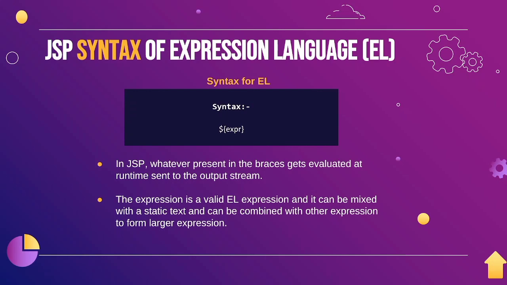In JSP, whatever is present in the braces gets evaluated at runtime and sent to the output stream. The expression is a valid EL expression, and it can be mixed with static text and combined with other expressions to form larger expressions.